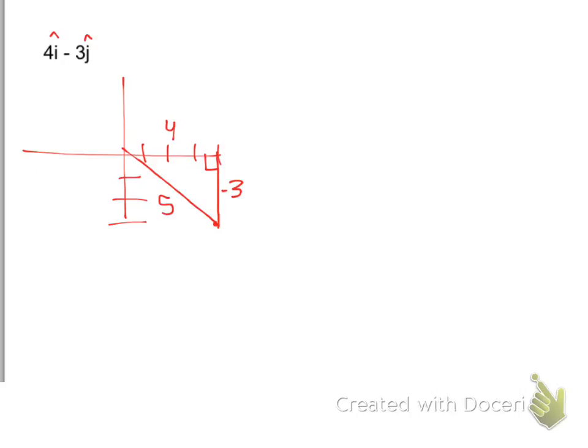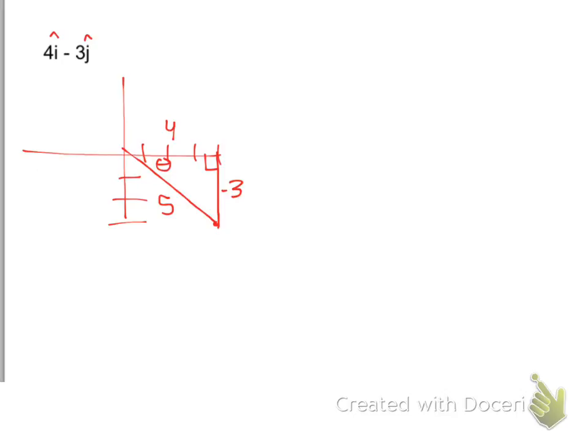So 4 squared is 16, 3 squared is 9, and 16 plus 9 is 25. Square root of 25 is 5. It's a 3, 4, 5 triangle. Theta, remember, is at the origin. It's the reason I chose these numbers.